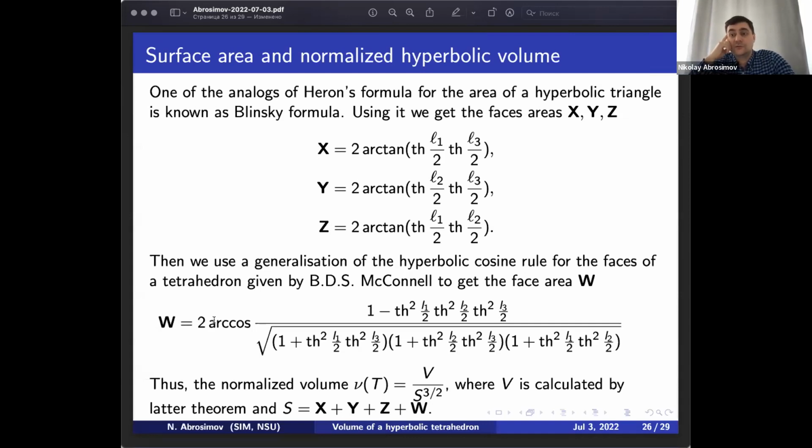He is one of the developers of Wolfram Mathematica and a known enthusiast of hyperbolic geometry. Thus, we get the normalized volume nu of tetrahedron T, which is as follows, where V is hyperbolic volume and capital S is the surface area of a hyperbolic tetrahedron.